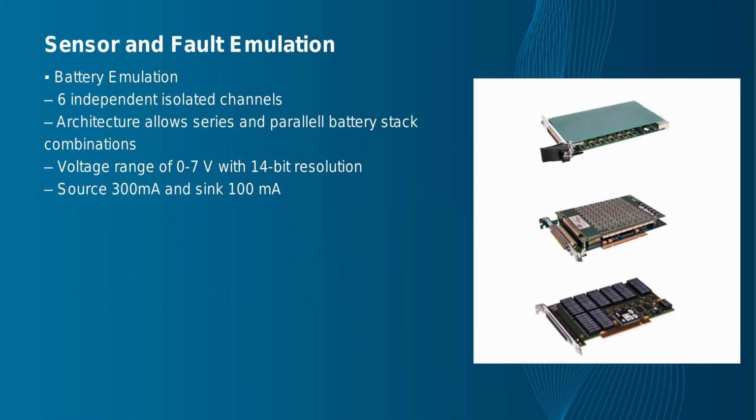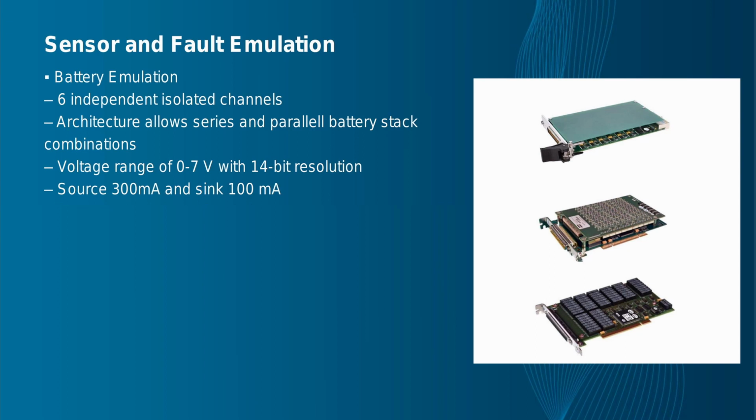As we discussed earlier, the second important aspect of doing hardware-in-the-loop testing for BMS applications is to emulate sensor signals and sensor faults. For emulating cell voltages, Speedgoat provides a battery emulator card. Each battery emulator card provides 6 isolated channels.